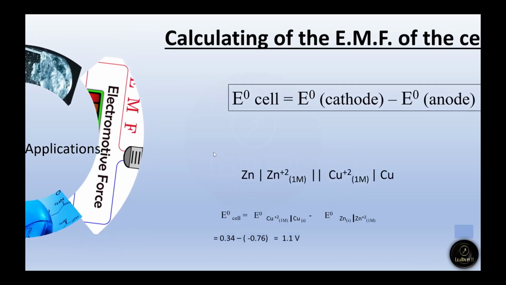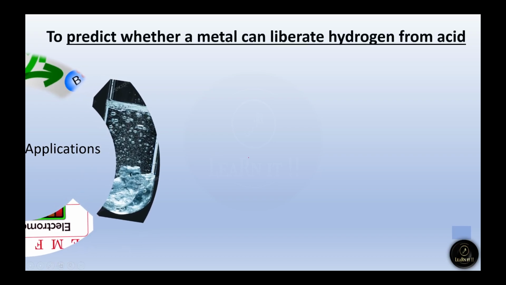Next application of electrochemical series is to predict whether a metal can liberate hydrogen from acid or not. So consider a vessel in which acid is present, which should convert into hydrogen by a certain metal. So this H+ will convert into H2 by using this metal.